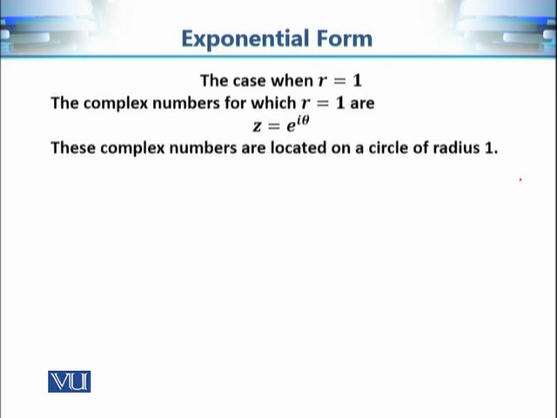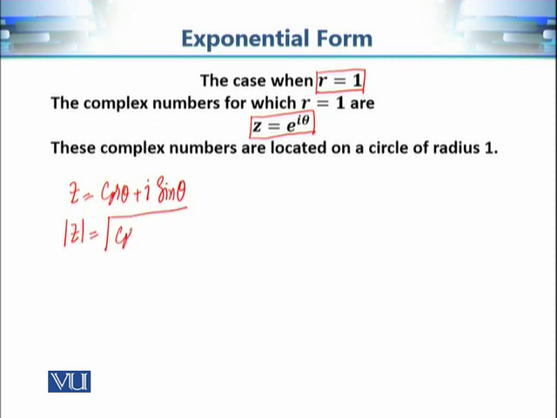Now let's consider some special complex numbers. So the numbers where this r coordinate is always 1. So in other words, the exponential form of this complex number is given as e raised to power iota theta, since r is 1. Now if we use Euler formula, then these complex numbers become this, and the modulus of these complex numbers is cosine square theta plus sine square theta, which is equal to 1.